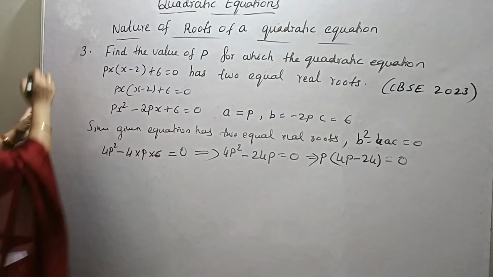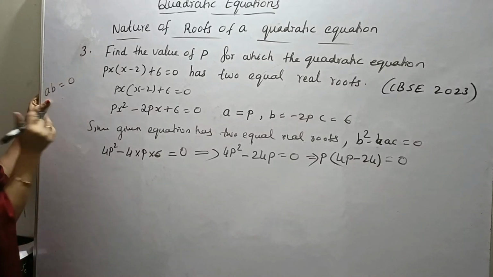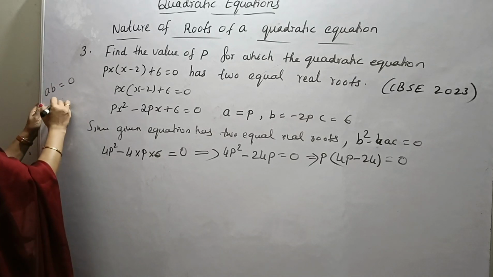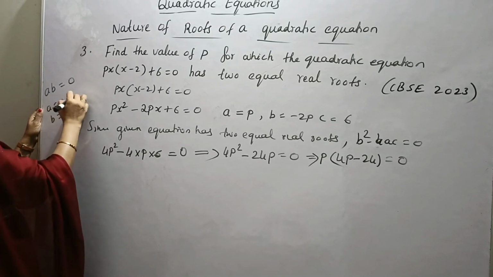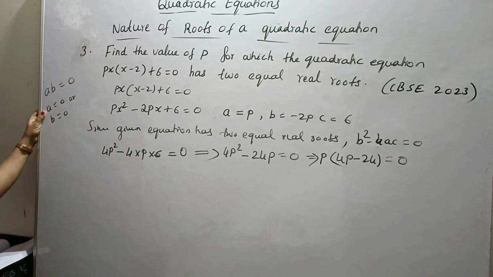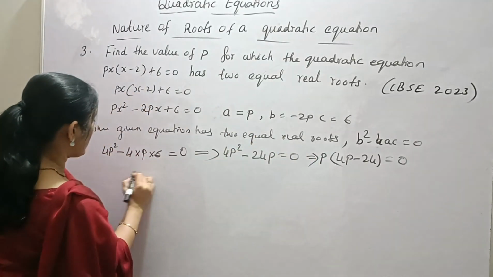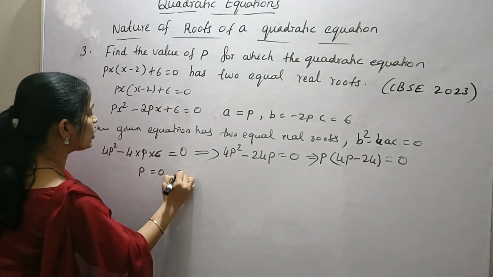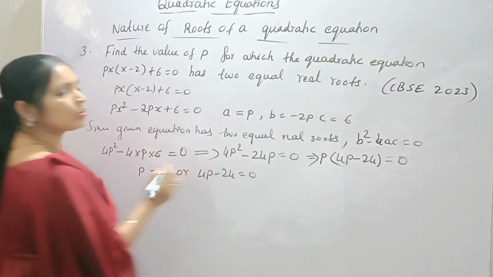That implies, see, here we know that if a into b is equal to 0, that implies either a is equal to 0 or b is equal to 0. Right? Or a and b both are 0. Okay? So here we can say p is equal to 0 or 4p minus 24 is equal to 0.